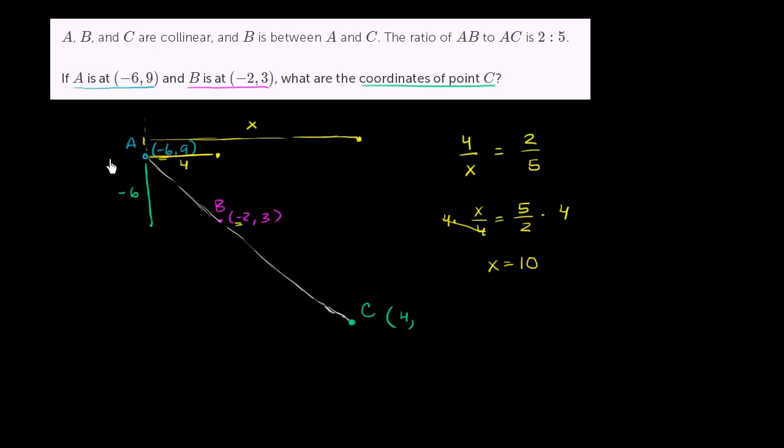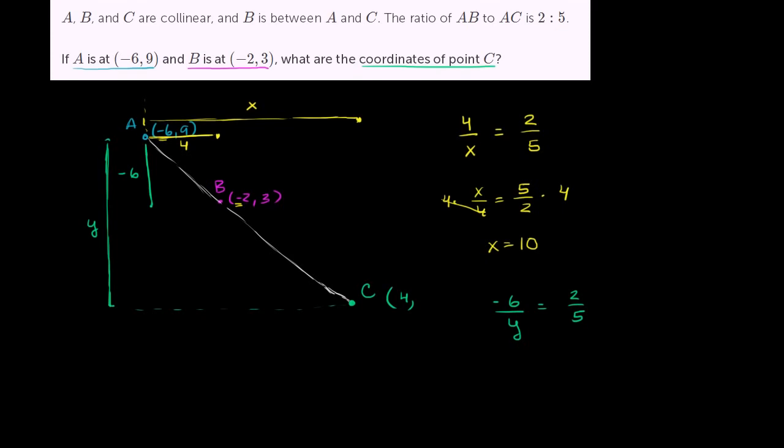Now, our change in y is going to have that same ratio. Our change in y between A and C, let's just call that distance y. We're going to have the same ratios. So the ratio between our change in y from A to B, which is negative 6, to our change in y from A to C, negative 6 to y, is once again going to be equal to 2 to 5.